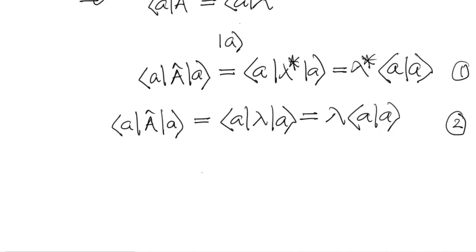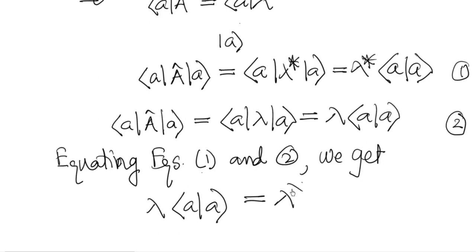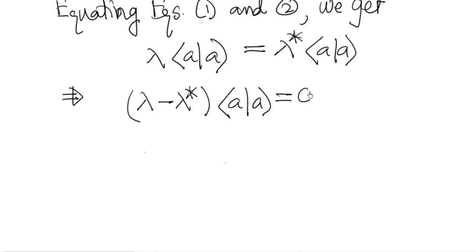Now if we equate these two equations, equation 1 and 2, we get, if we bring the right hand side and the left hand side together and take common bracket A, then we get this.